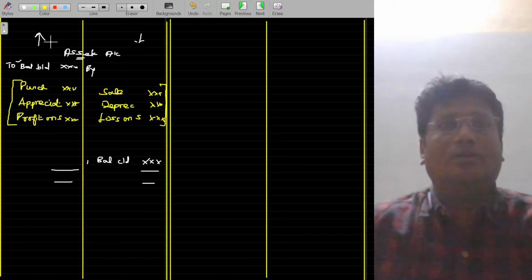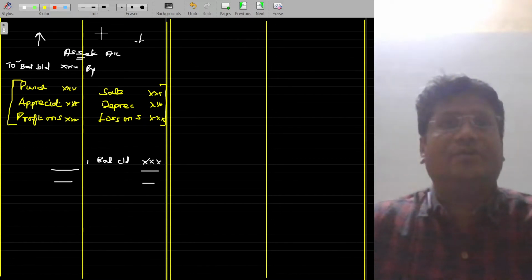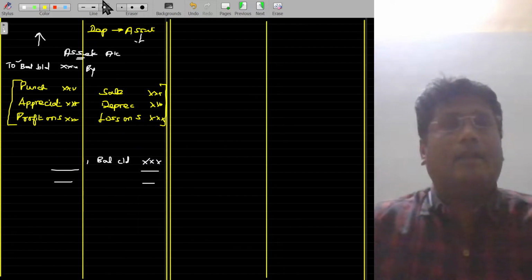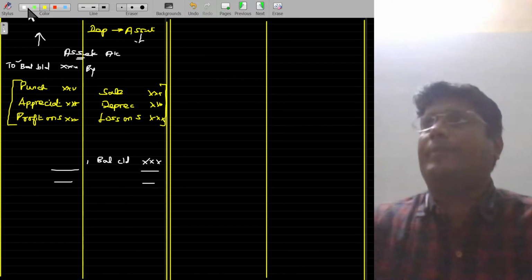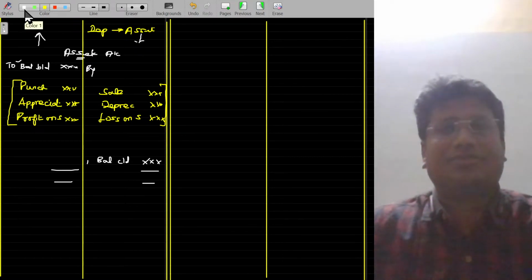Now, this is the procedure to be followed in case of charging the depreciation in the asset account. Depreciation is adjusted in the asset account. The other approach is where the depreciation is accumulated in the provision for depreciation. In that model, how could the account be? Let's see here.